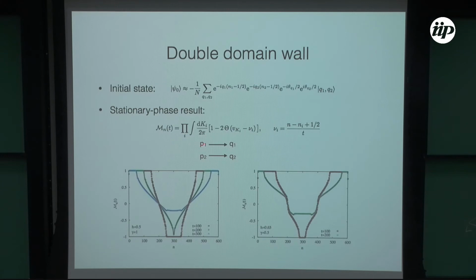Actually, the only contribution is this: for both domain walls, for both kinks, you have a bunch of incoming and a bunch of outgoing momenta, but the only contribution is if you match those two. So the incoming momenta at the left domain wall have to go into the outgoing momenta of the left, and similarly to the right, the second kink in the second domain wall.